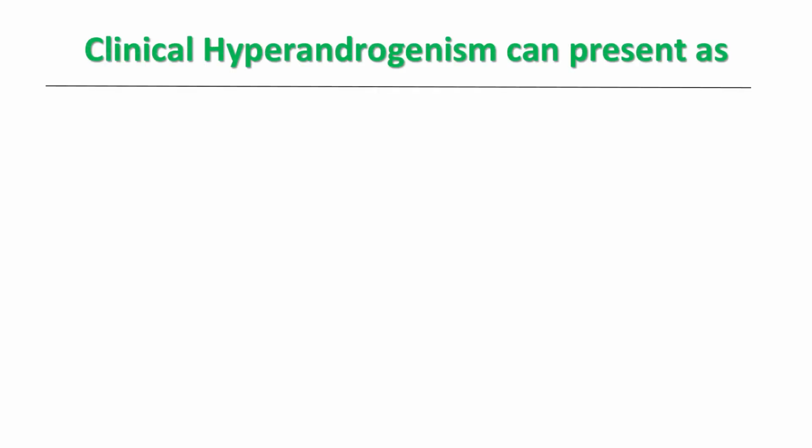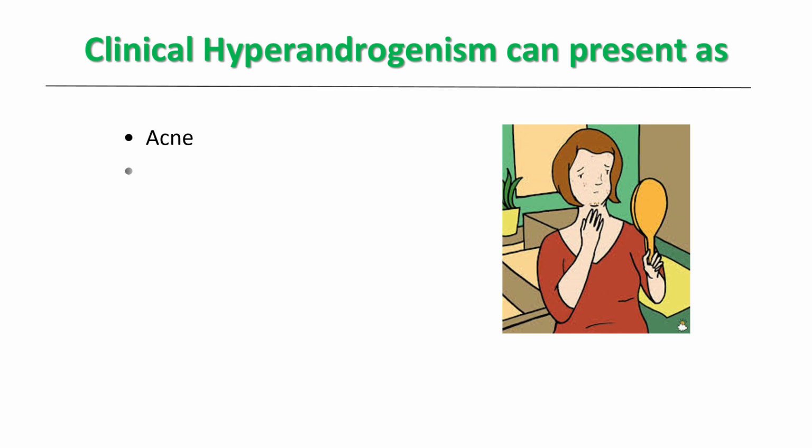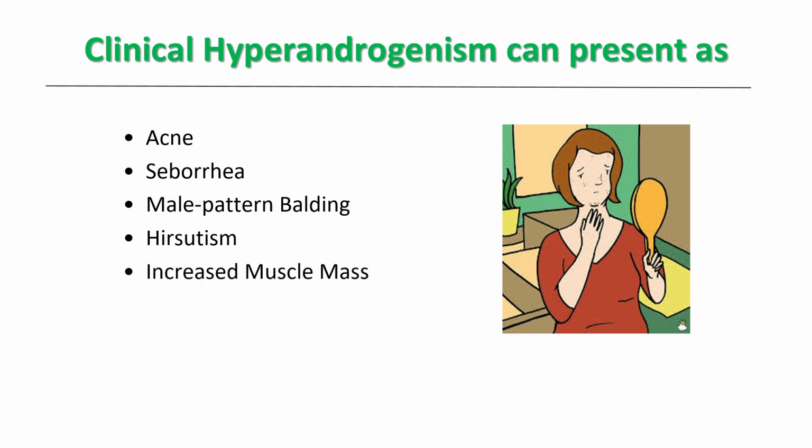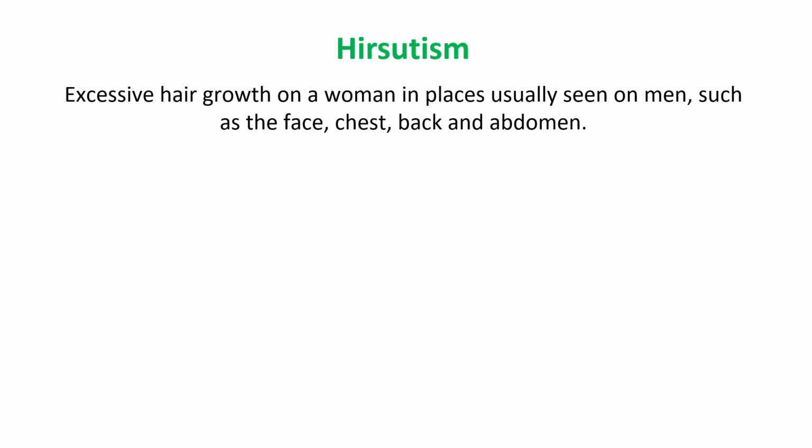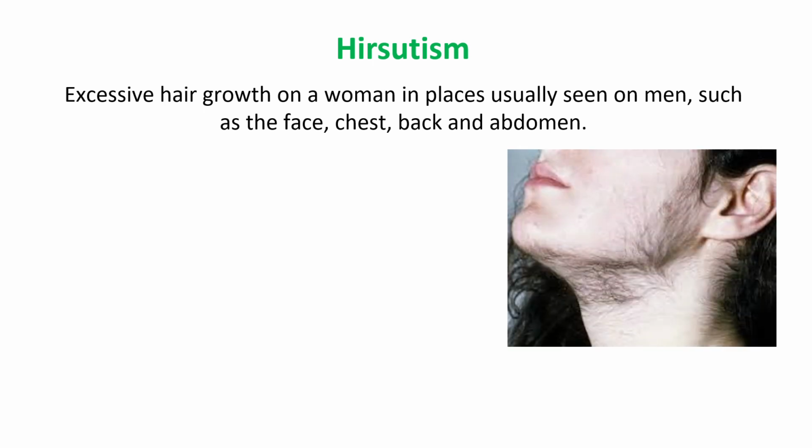Clinical hyperandrogenism can present as some very irritating symptoms to any woman: acne, increased sebum production or seborrhea, male pattern balding, hirsutism, increased muscle mass, deepening of the voice, and in a few rare cases, even clitoromegaly has been reported. Hirsutism is nothing but excessive hair growth on a woman in places usually seen on men, such as the face, chest, back, and abdomen.